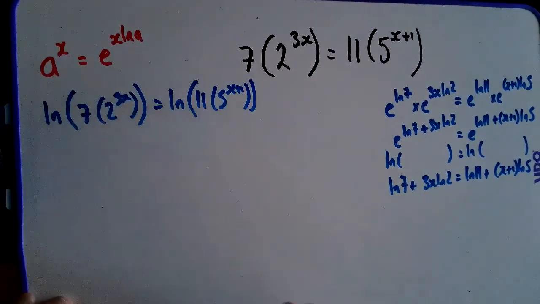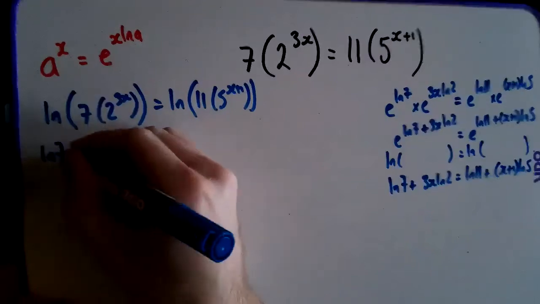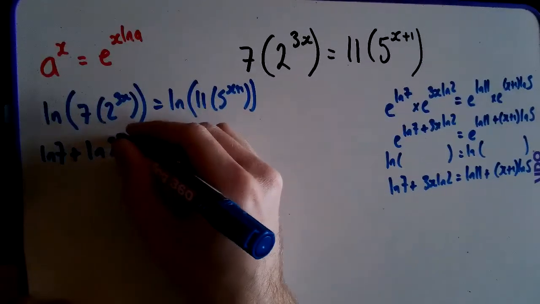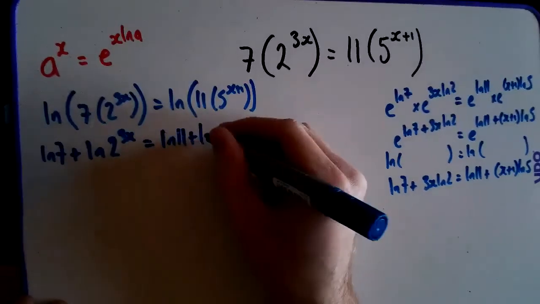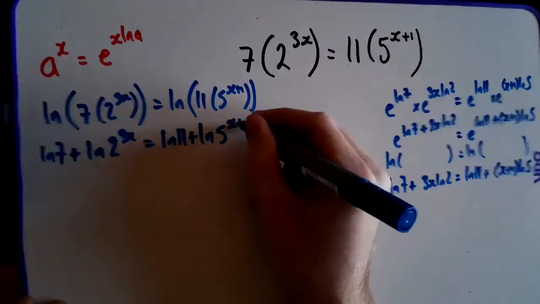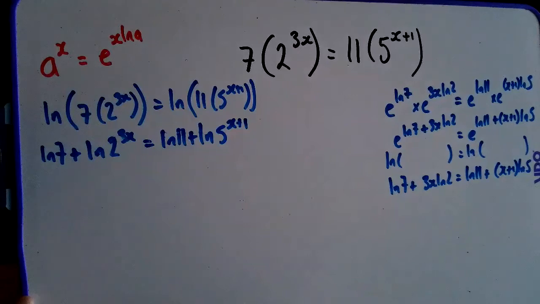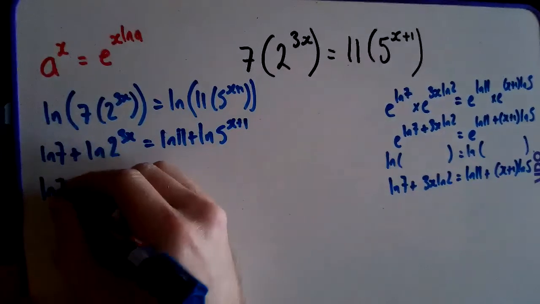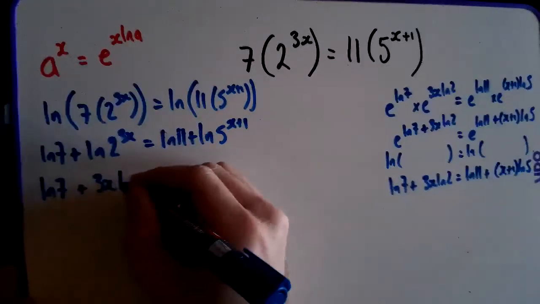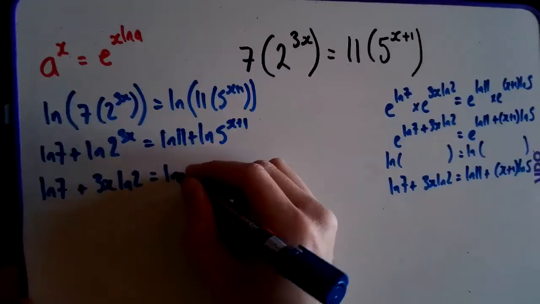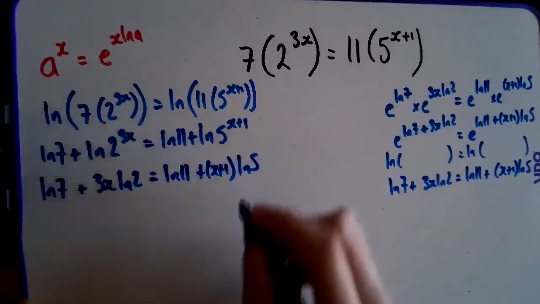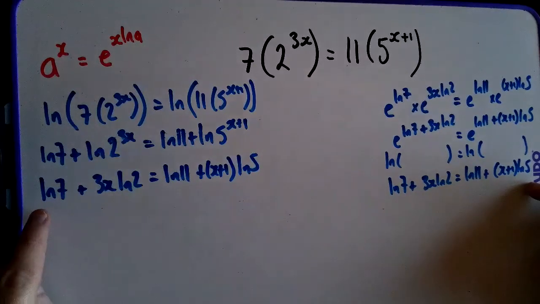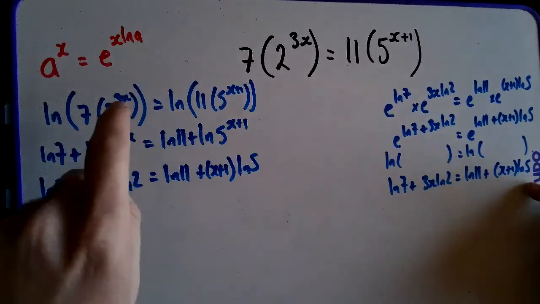The times can be split up into an add. So I get ln 7 add ln 2 3x equals ln 11 add ln 5 x add 1. Powers can now go to the front. So ln 7 add 3x ln 2 equals ln 11 plus x add 1 ln 5. So I've got to the same point here, look, the same equation, just this way was a bit faster this time.